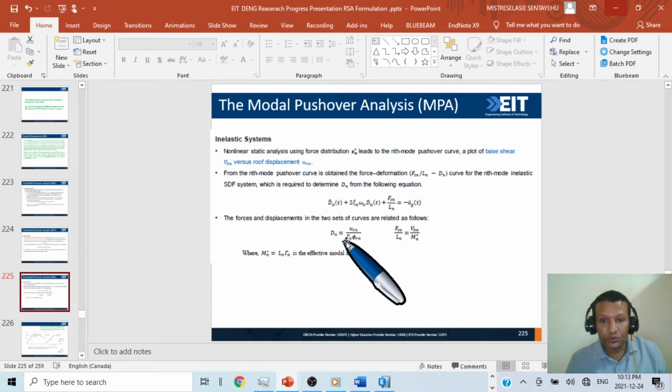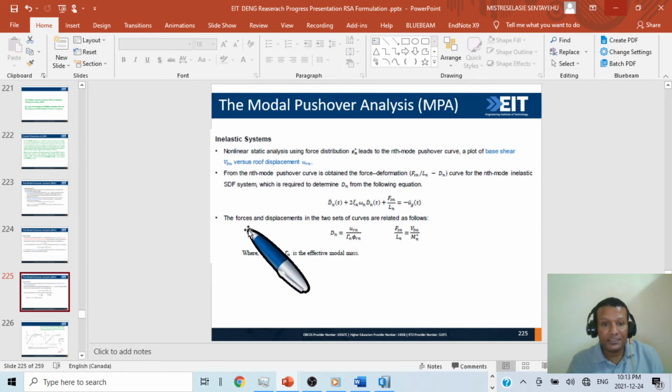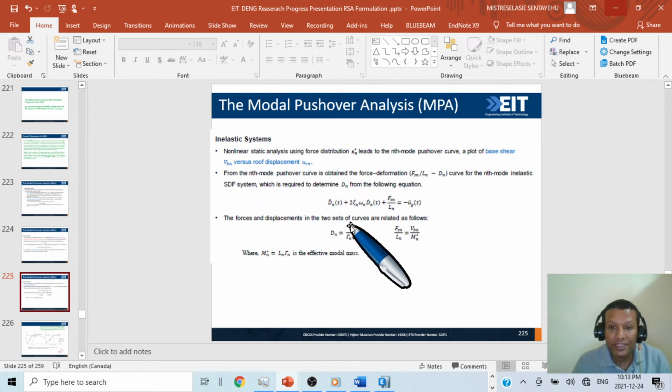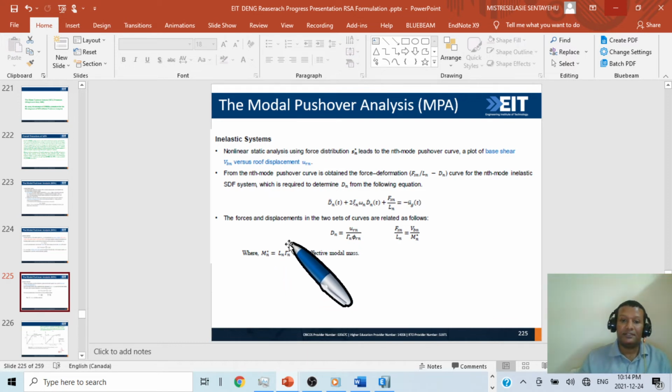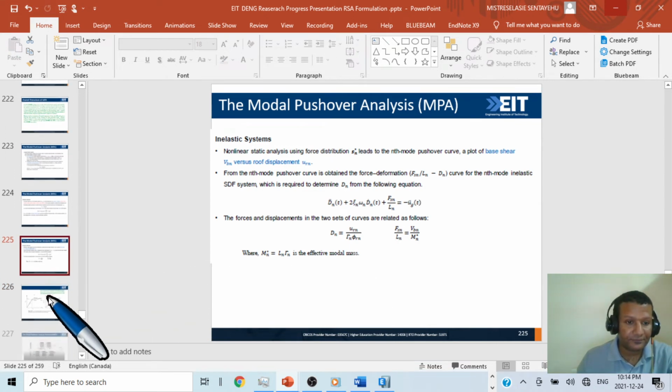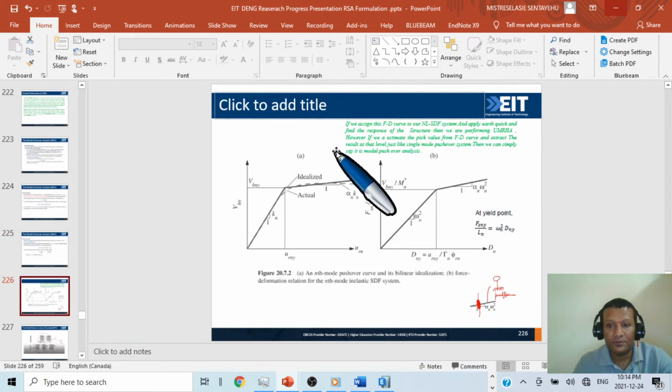We can find Fsn over Ln and Dn from that analysis, and we change it back into the multiple degree of freedom system. The force and displacement in the two sets of curves are related as shown here. This is how we change: Dn is equal to URN like this, and Fsn over Ln is equal to this. So Dn and this one are changed from the force deformation curve, from the pushover curve, where Mn is equal to Ln times the modal participation factor, the effective modal mass.